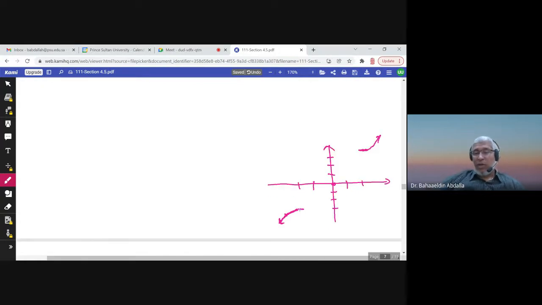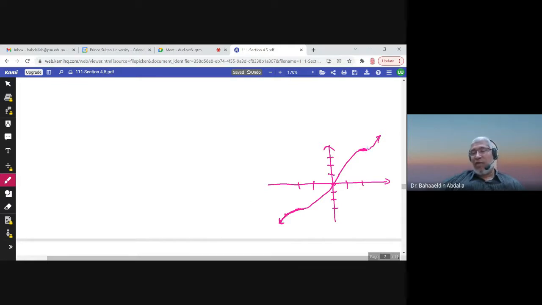So here, it will start to be concave up like this. Let me do it again. Here, notice we have concave up, and then it's concave down, and then it goes up like this.